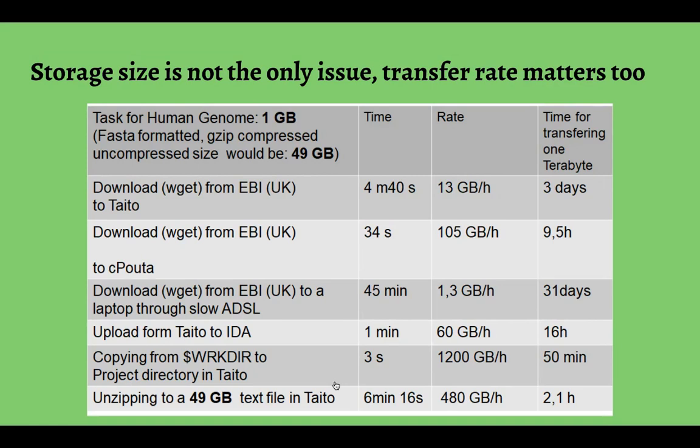So if I would download this file to Taito in uncompressed format, it would take a little bit more than 3 hours. While now in this example I used only 4 minutes to download the data and then another 6 minutes to uncompress the data, and did the same task in just 10 minutes.